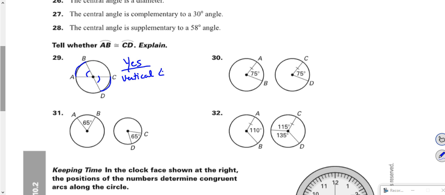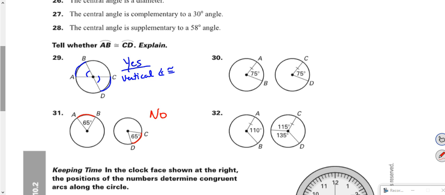Vertical angles are congruent, so their resulting arcs are congruent. Okay, 31. Now, we've got this AB and this CD. They're both 65 degrees, but are the arcs congruent? Yes or no? I would say no.